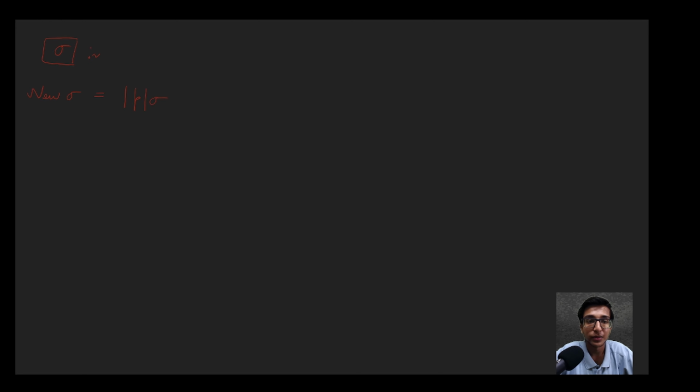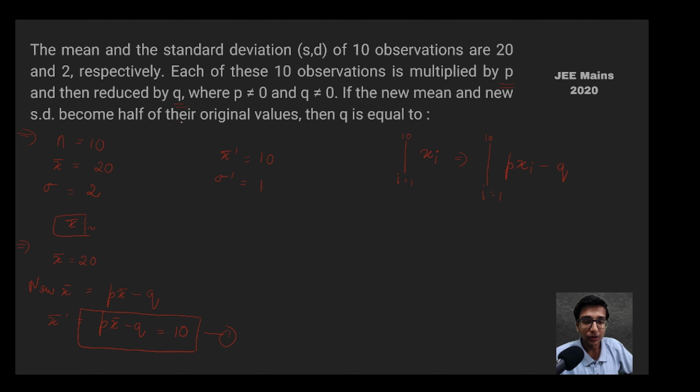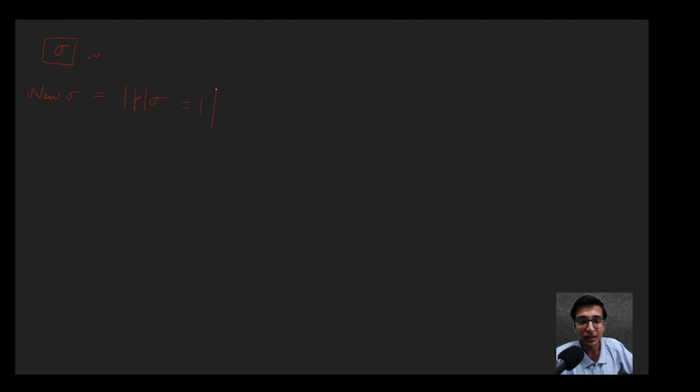So similarly, there wouldn't be any difference here, and this value is equal to 1, as it was mentioned in the question that the values have become half. Now upon solving these two equations that we've got, which are p times 20 minus q is equal to 10, and this one where we know the value of old sigma to be 2, so 2 mod p is equal to 1, mod p is equal to 1 by 2.